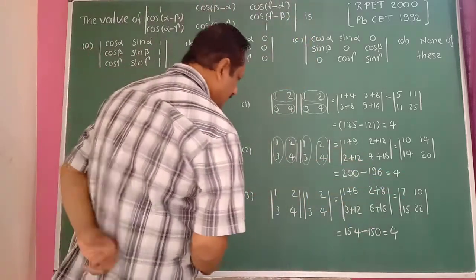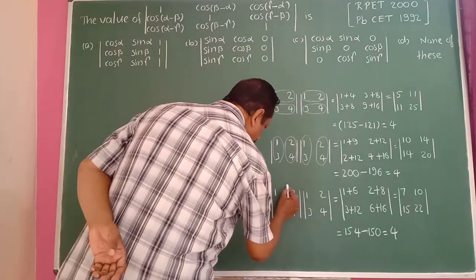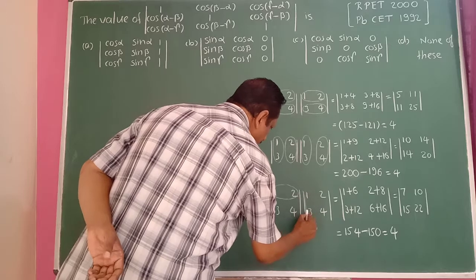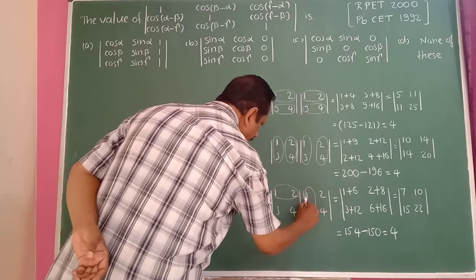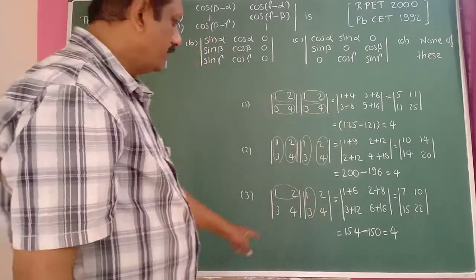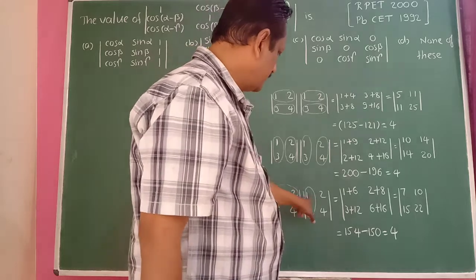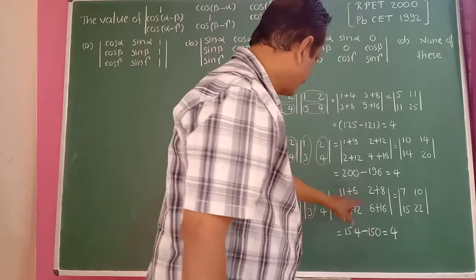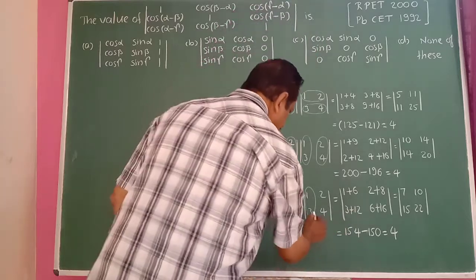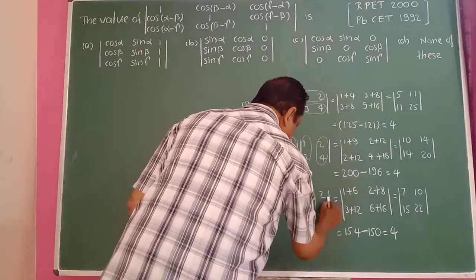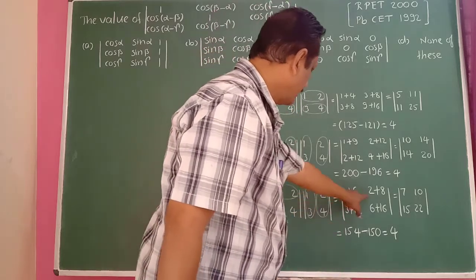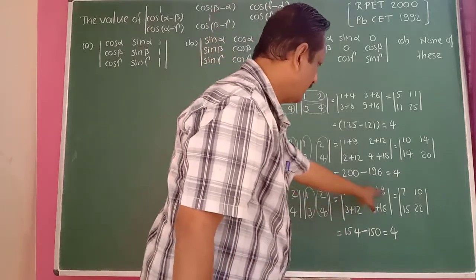In the third case here, I am multiplying a row with the column here. 1 into 1 is 1, 2 into 3 becomes 6. Multiply this row with the second column: 1 into 2 is 2, 2 4s are 8.